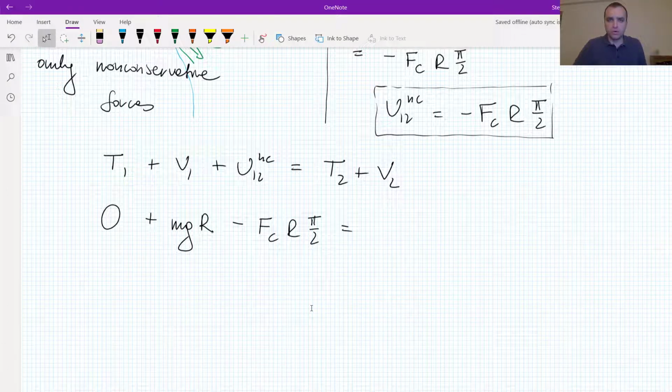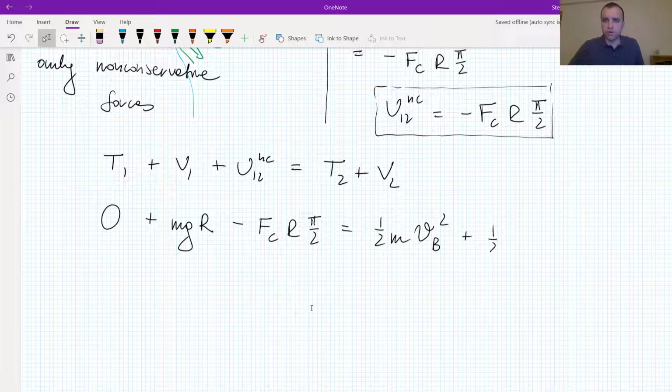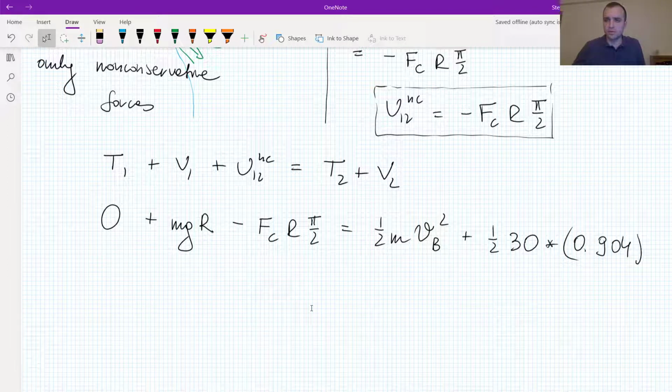Kinetic energy at the end was 1/2 m vb squared, and potential energy at the end was 1/2 times 30 times 0.904 squared.